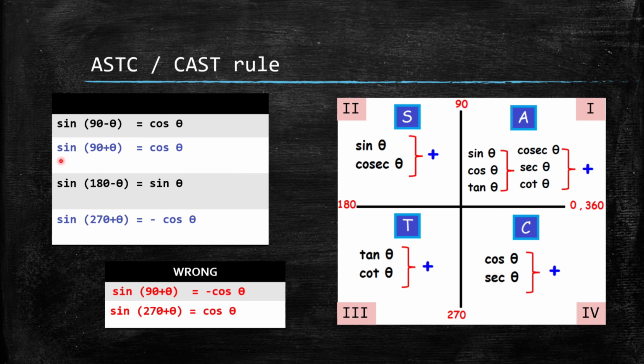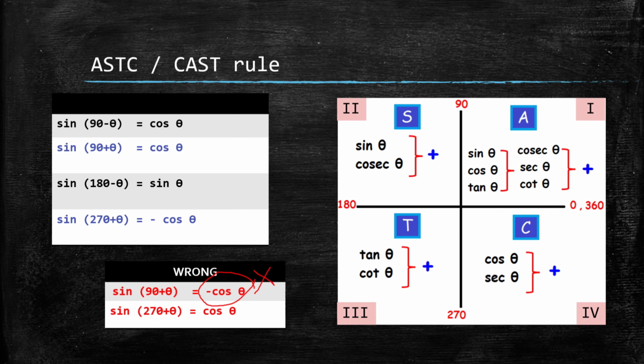Consider this example, sine 90 plus theta. Since it is sine 90 plus theta, we'll change sine to cos. Let's see about the sign. Sine 90 plus theta will come in the second quadrant, and in the second quadrant sine is positive, therefore plus cos theta. Here so many will commit the mistake of writing sine 90 plus theta as minus cos theta, which is absolutely wrong.